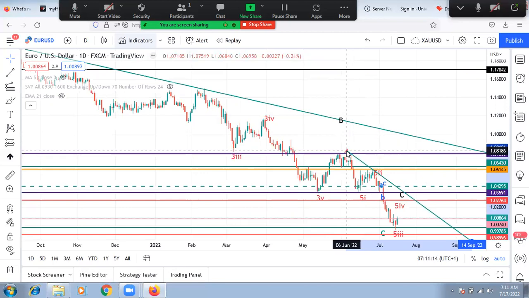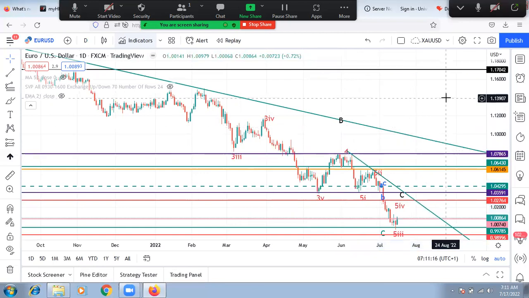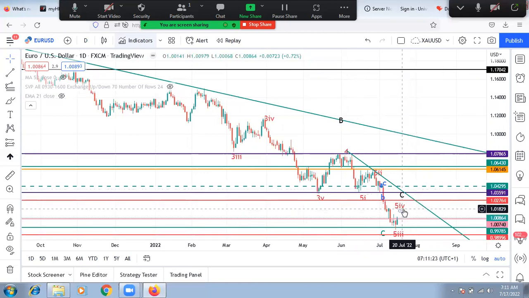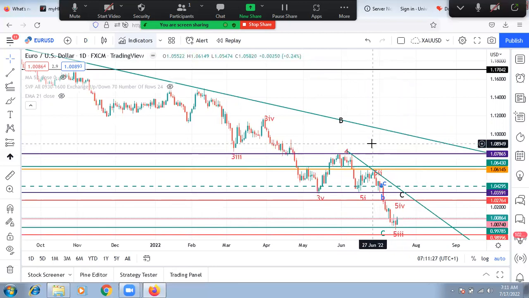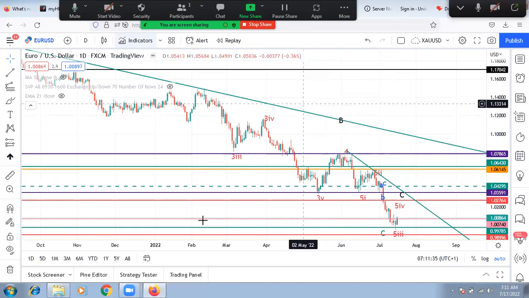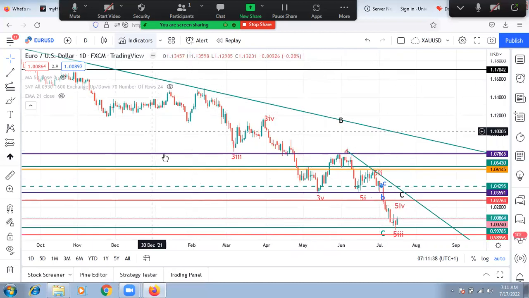All those will still be intact, because we have to look at the way this structure is coming down to tell if it's an ending structure of the old structure or that we're still going to have a big wave down. If we're going to have a big wave down, it might mean we're just ending 5 here, and so we are going to have an extension and that nullifies that as a correction.